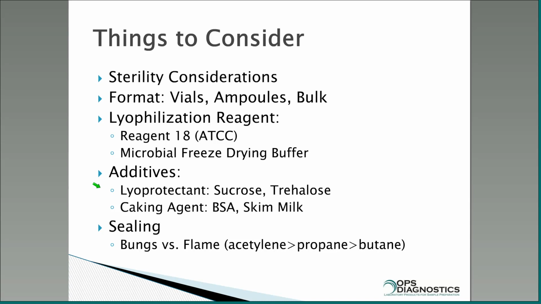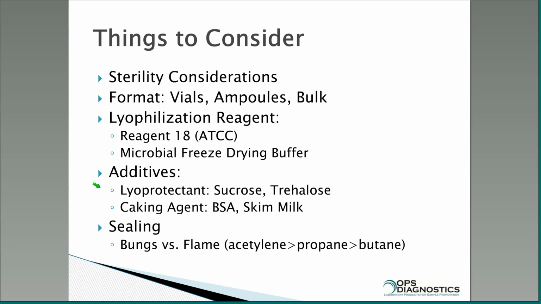Trehalose is an alpha 1,1, I believe, glucose molecule, and for reasons which I don't know if anybody knows, these non-anomeric disaccharides are very, very good for protecting molecules during freeze drying.